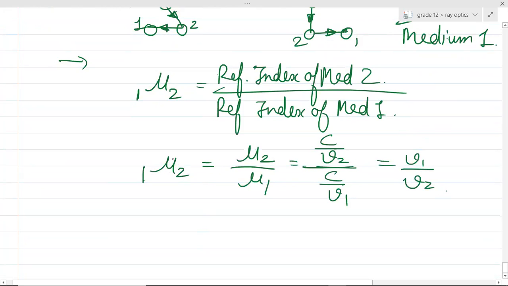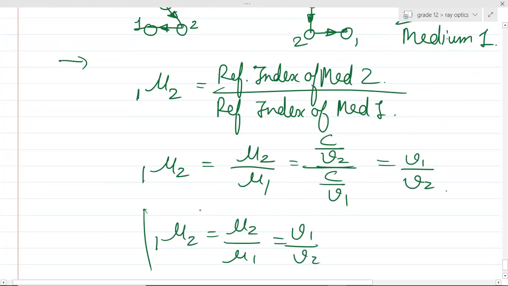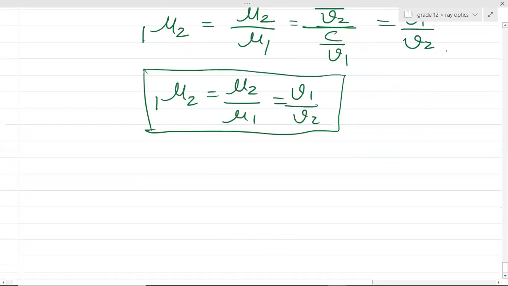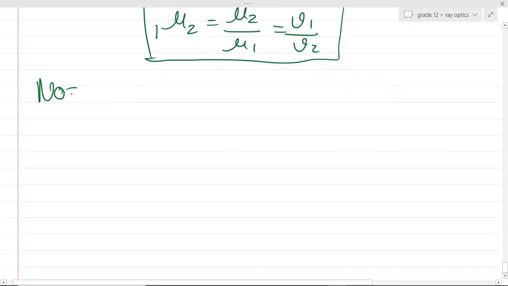So sometimes people define it in terms of the velocities as well. Refractive index of medium 2 with respect to 1 is basically mu2 by mu1 or V1 by V2. Can you see they are inversely proportional? That is why it is an inverse relation. Is this clear, guys? This is your relative refractive index.